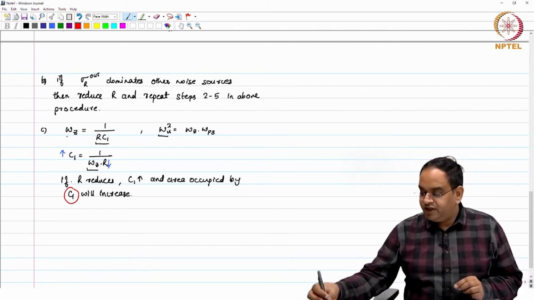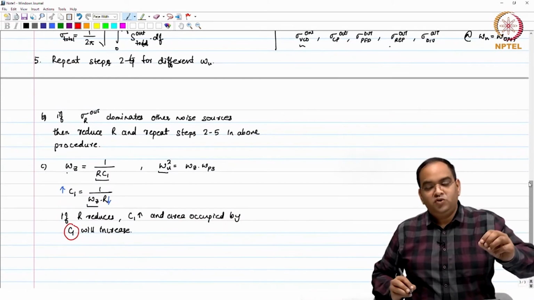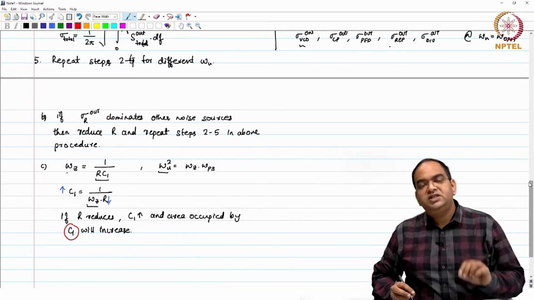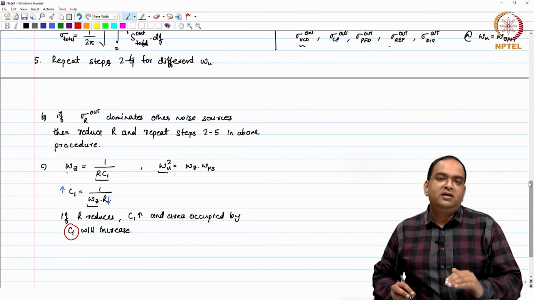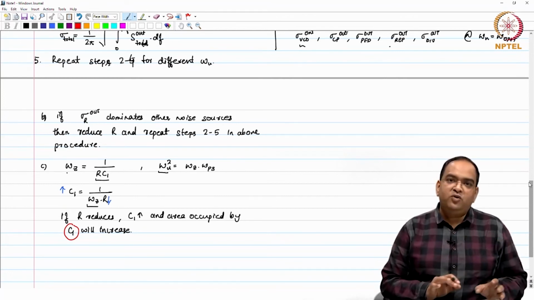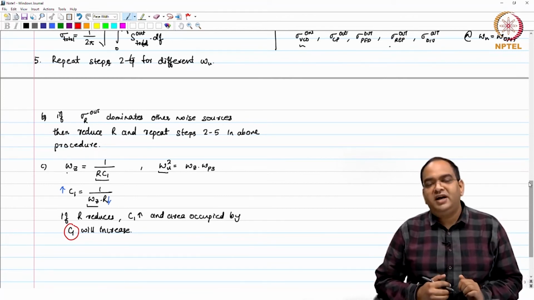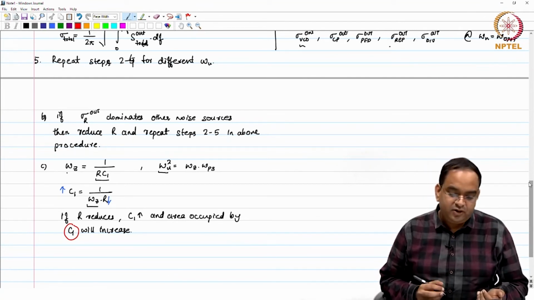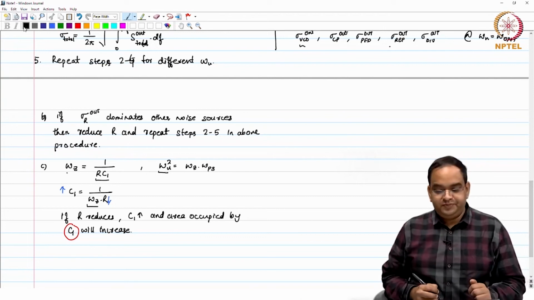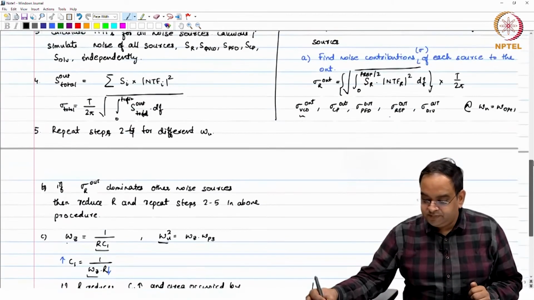So if your resistor noise dominates, you can keep changing the resistor value to a lower value iteratively, such that you meet your requirements and you do not sacrifice more area than required for the capacitor C1. Okay. So this is one case.